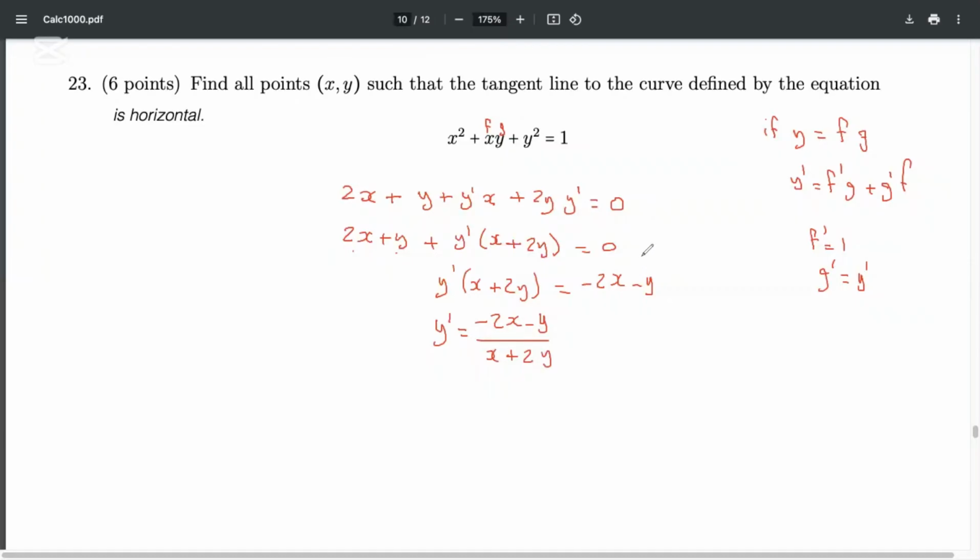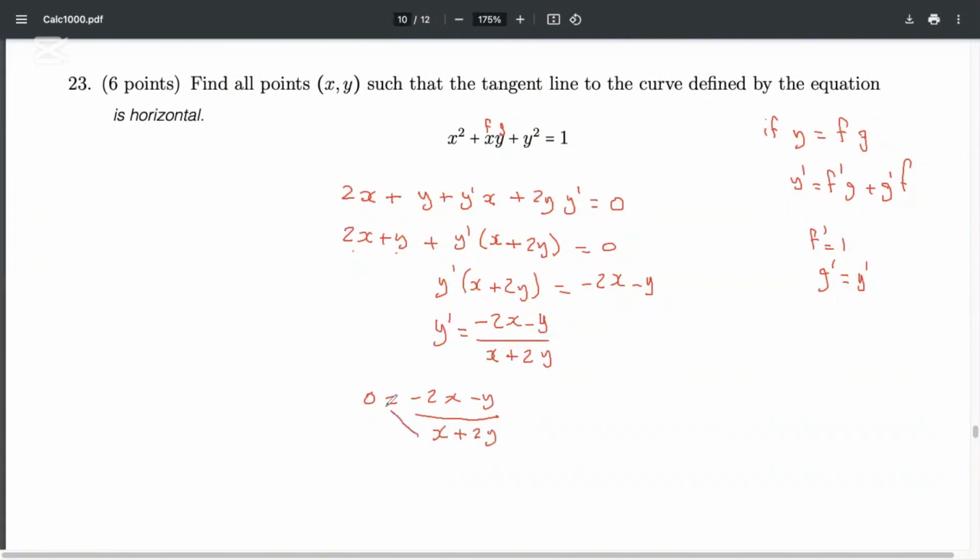And this is why this is tricky, because now you don't only need to find out the x value where the tangent is horizontal, but also you need to find the y value.